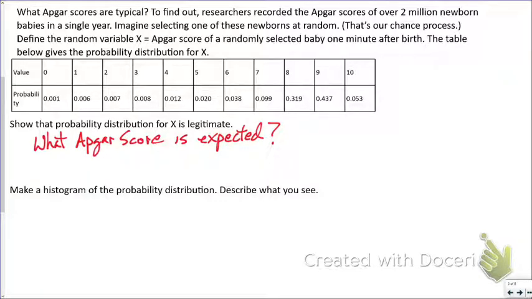But in the end, I'm going to go E of x equals, now watch the table and watch what I write. We're going to go 0 times 0.001, plus the next x, 1 times 0.006. I'll do another one. Plus 2 times 0.007. I think you get the idea.